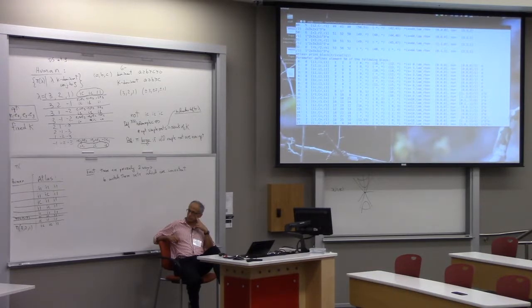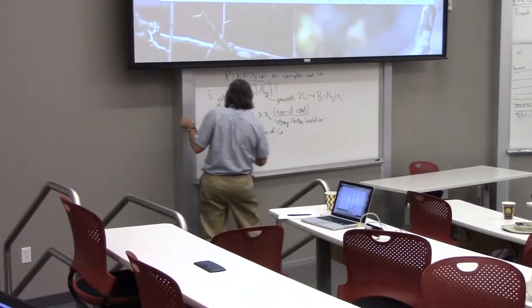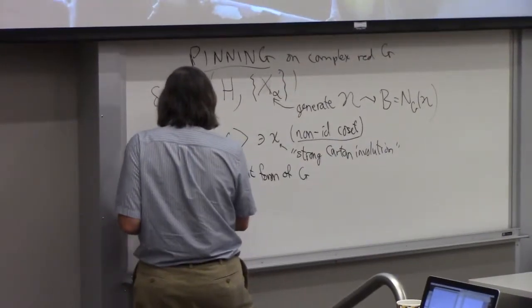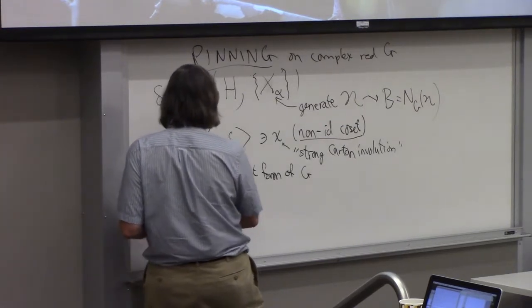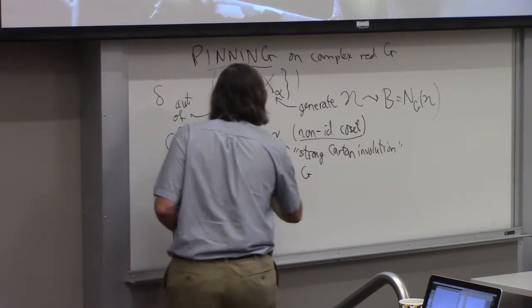But if you want to talk about real groups, you need something else. You have sigma S, this is the Chevalley split form of G. And this is characterized by basically sigma S of X alpha is X alpha.